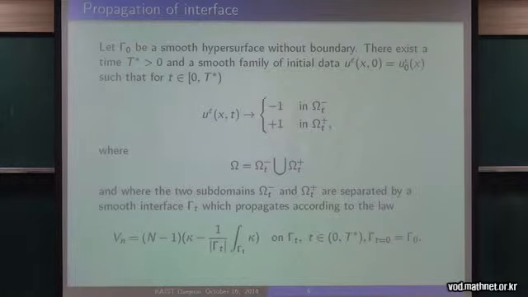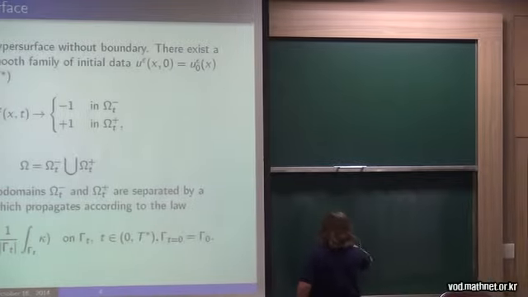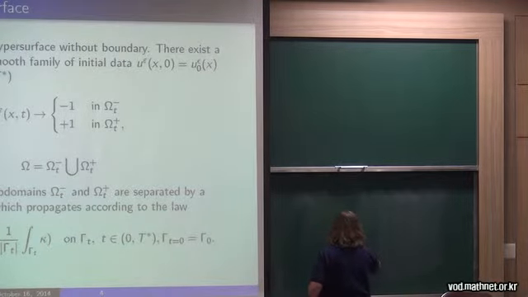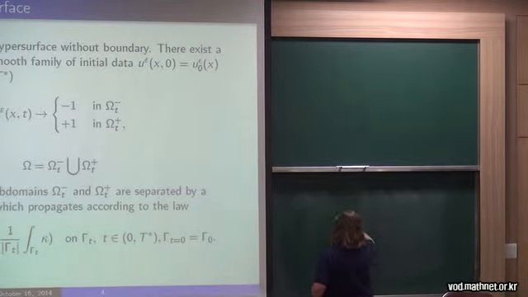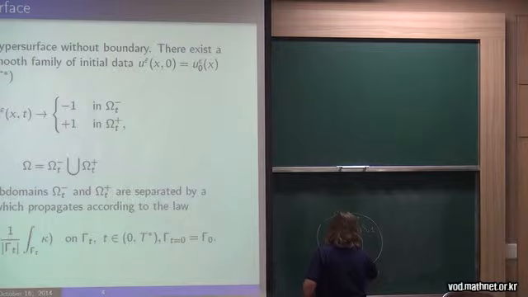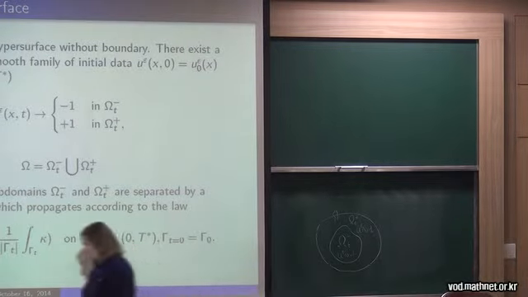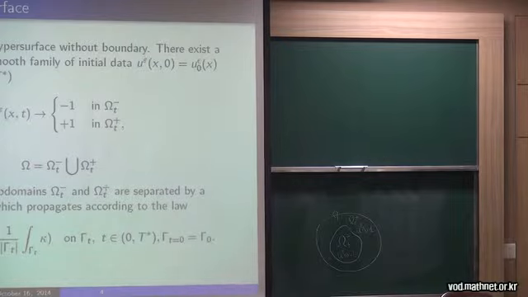So imagine two subdomains, omega t minus and omega t plus, which compose omega. This is an example. So u epsilon equals about 1 in omega t plus, and is close to -1 in omega t minus.